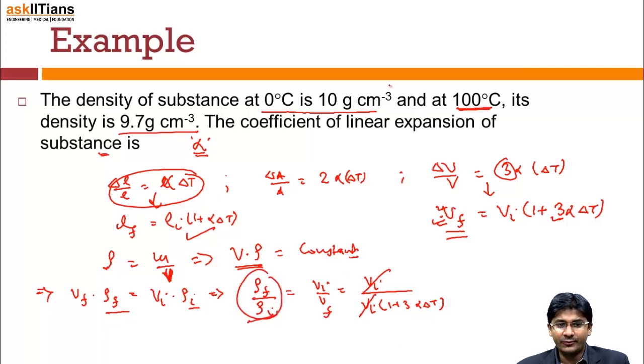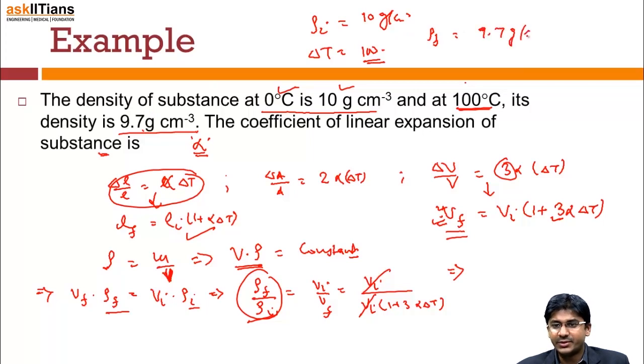Now here you have rho f and rho i. The density of the substance at 0 degrees Celsius is this, and at 100 degrees Celsius it is this. So delta T is 100 minus 0, that is 100. Rho i is 10 gram per centimeter cube, and rho f is 9.7 gram per centimeter cube.